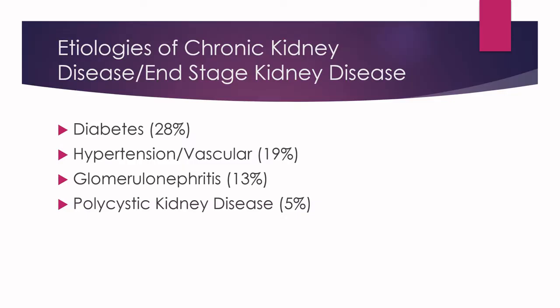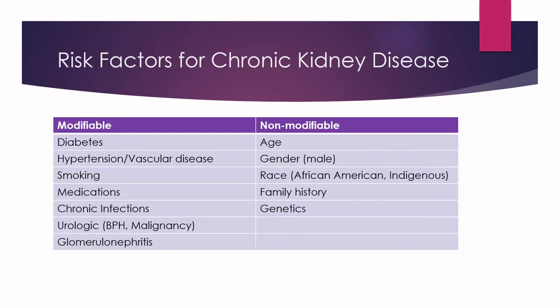Here is a list of the most common etiologies of chronic kidney disease and end-stage kidney disease. You can see that diabetes is the most common cause of CKD or end-stage kidney disease at around 28%. This is followed by hypertension or vascular causes, glomerulonephritis, and polycystic kidney disease. Risk factors for CKD can be classified into modifiable and non-modifiable risk factors.